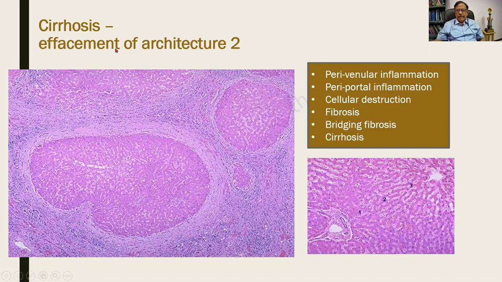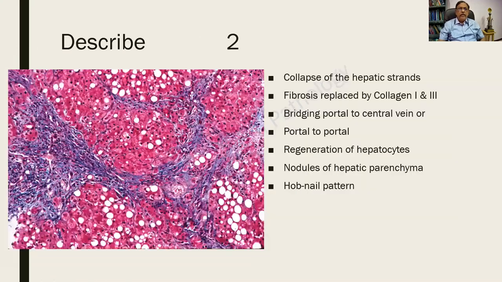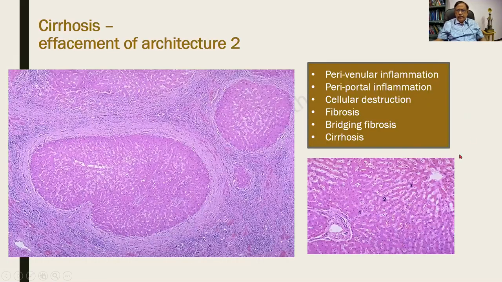Effacement of architecture. The favorite word, this word we must use. In fact, even in the earlier picture, I would have mentioned there is an effacement of architecture. Compare this. This is a normal liver. I am seeing the central vein, portal triad, radiating strands. But here, look at this nodule. There is no central vein that is seen. There is a small nodule over here. And in this again, there is no portal triad.